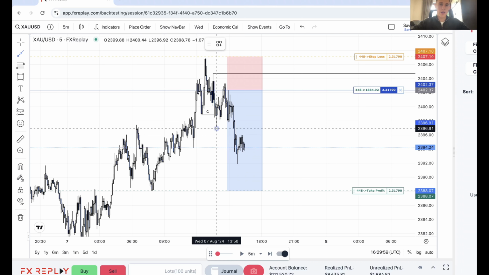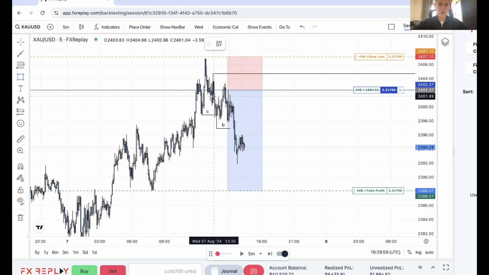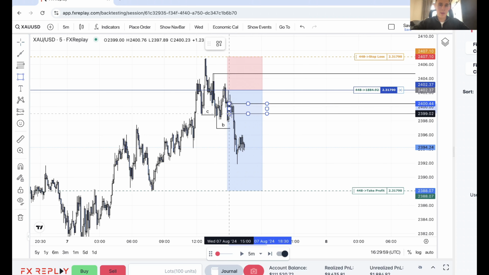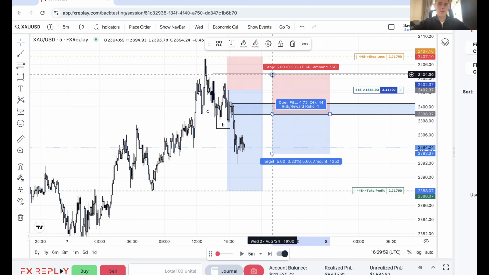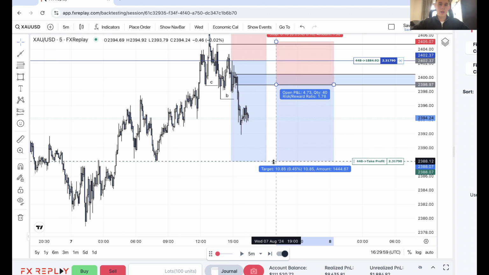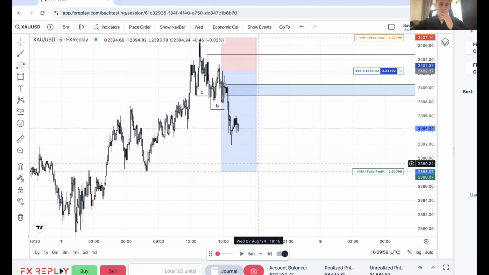So we've now had another breaker structure. If you missed the original entry, you could look to sell from this supply. So something like this, with probably stops above that area. So this one would be a lower risk to reward, not something I would take.